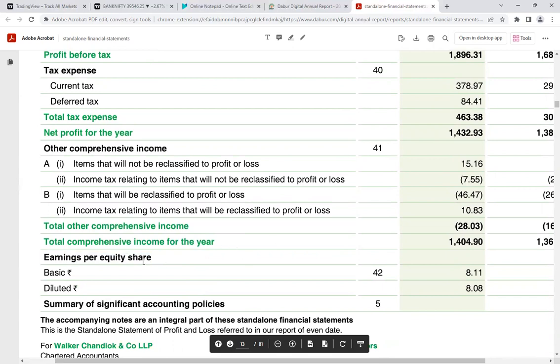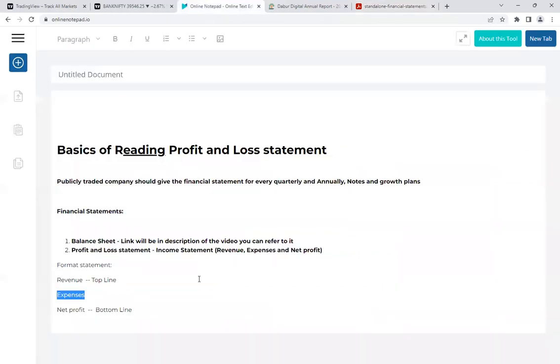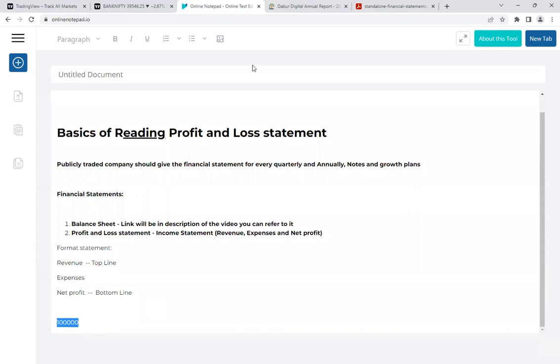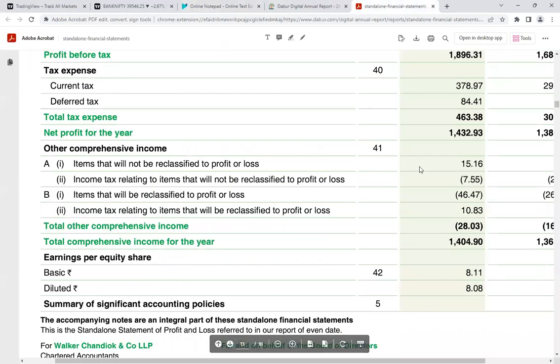So now, per share. Assume if Dabur has around 1 lakh public shares, roughly. It's an example only. It may have some crores of shares also. Assume it has 1 lakh publicly traded shares. Now what happens?